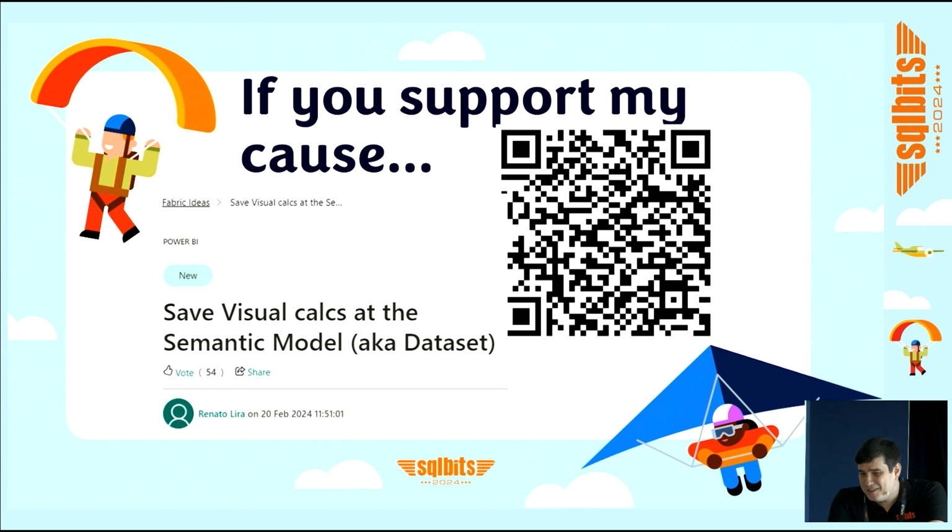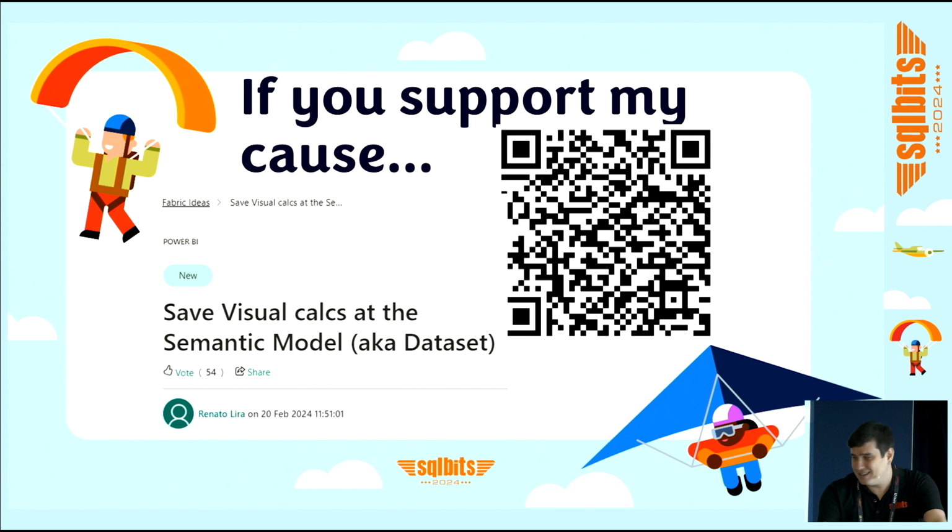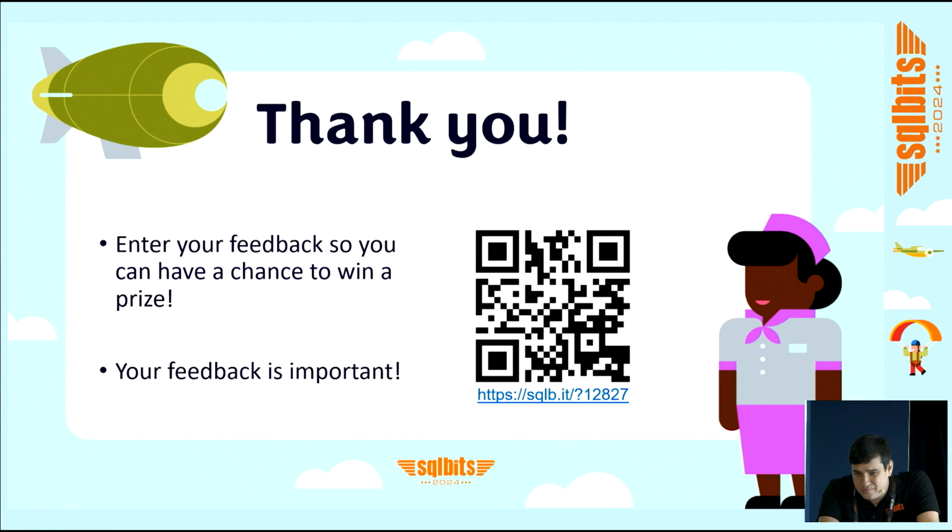So if you support my case for placing the visual calculations not in the visual, not in the report, but in the model part, please vote for this idea, because there are plenty of great things, but this is a really important thing. I hope they would choose differently.